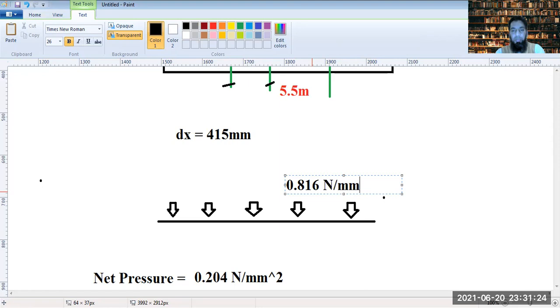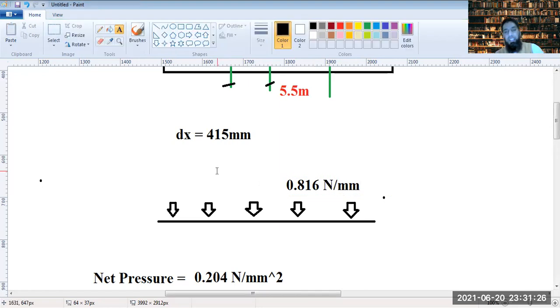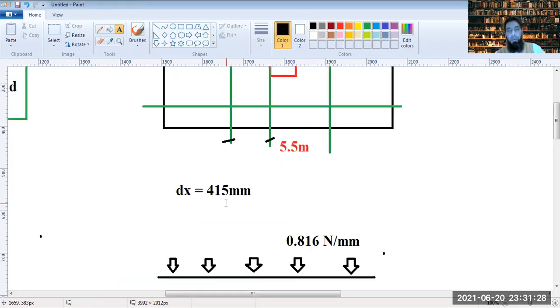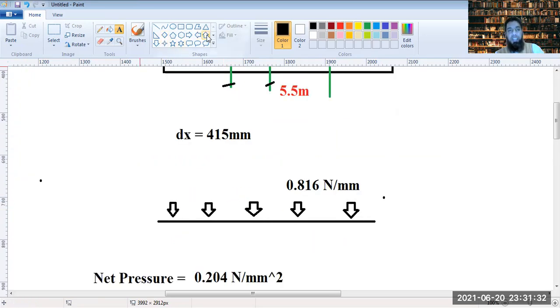So if now I have to calculate the shear force along this line, where is it supported? Just tell me, where is this supported? It's supported at the center. And what would be the shear force at the center where it's supported?